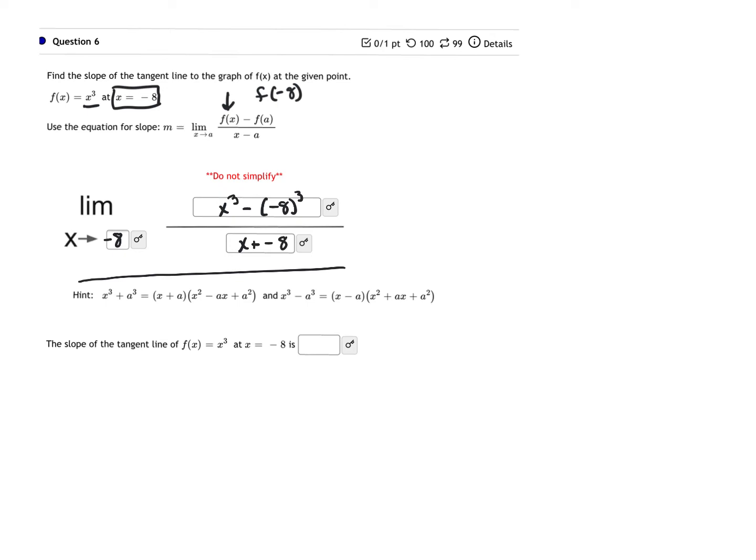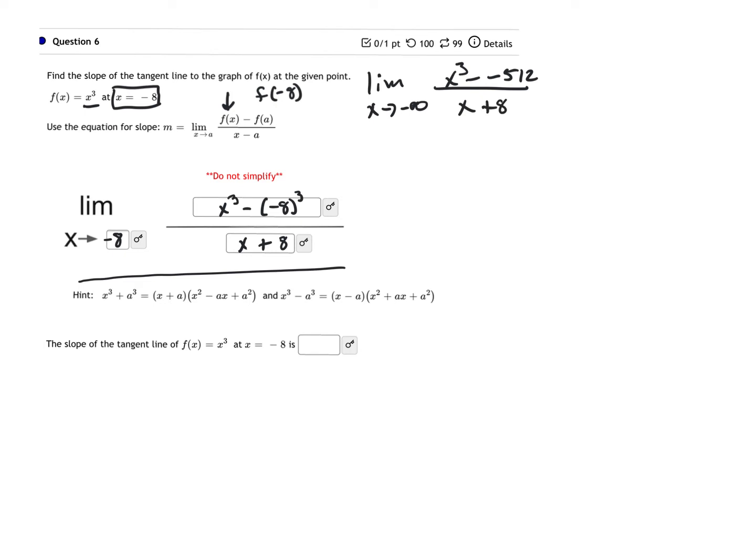Well, minus a negative is adding the opposite. So actually what I'm going to do here is make this into a positive 8. So it's going to look like that. So now what I have to do is simplify the top. I'm going to write this out as the limit as x approaches -8 of x cubed minus, now -8 cubed is -512, over x plus 8.